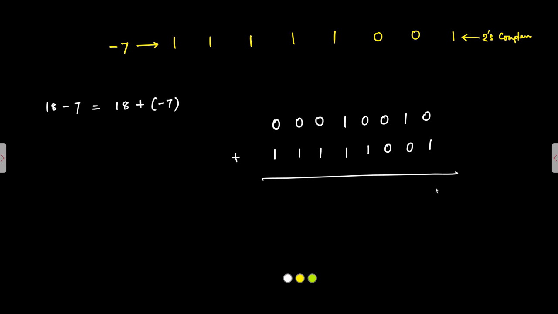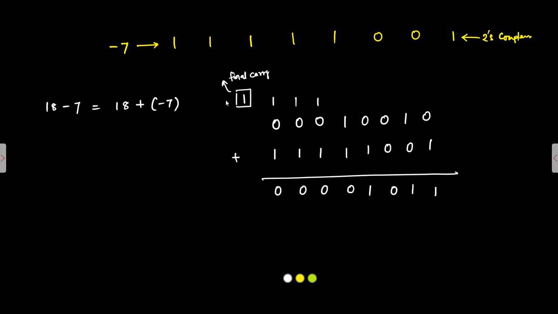Okay, so we'll add them. We get 0 plus 1 is 1, 1 plus 0 is 1, 0 plus 0 is 0, 0 plus 1 is 1, 1 plus 1 is 0 with a carry of 1, 1 plus 1 is 0 with a carry of 1, 1 plus 1 is 0 with a carry of 1, 1 plus 1 is 0 with a final carry. Now how we handle this final carry is very important.